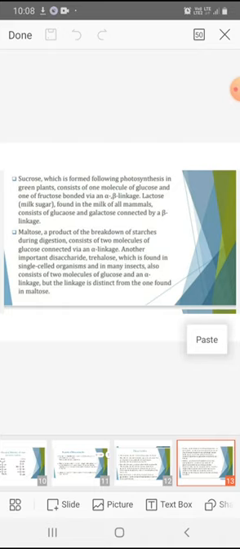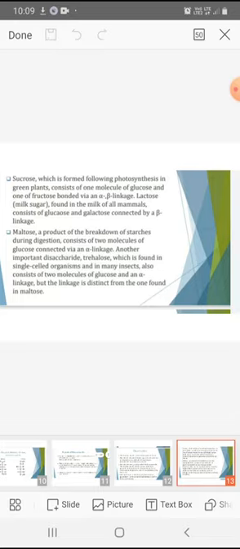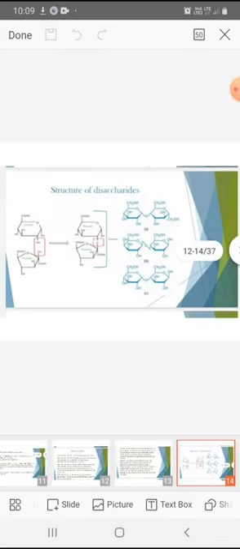Another important disaccharide, trehalose, is found in single-cell organisms and in many insects. It also consists of two molecules of glucose with an alpha linkage, but the linkage is distinct from the one found in maltose. So this is the structure of disaccharides.